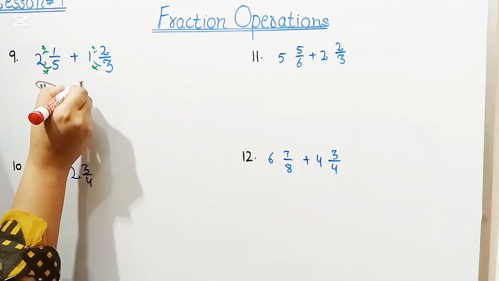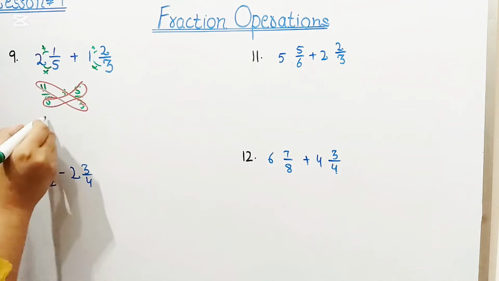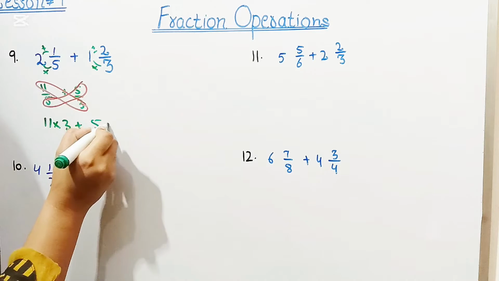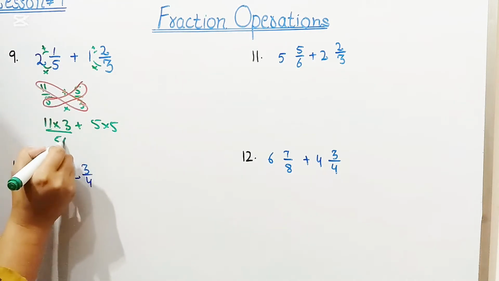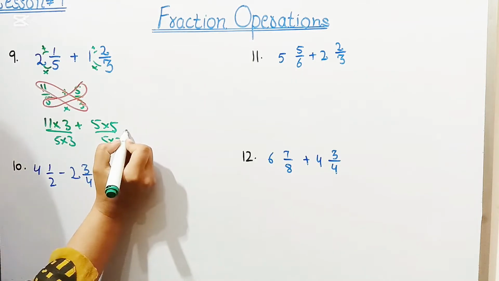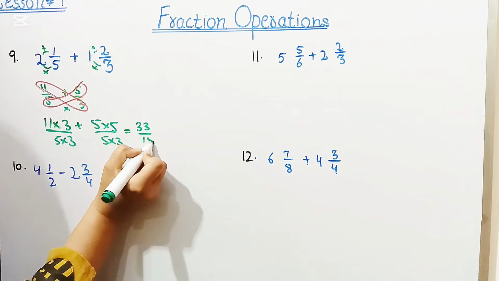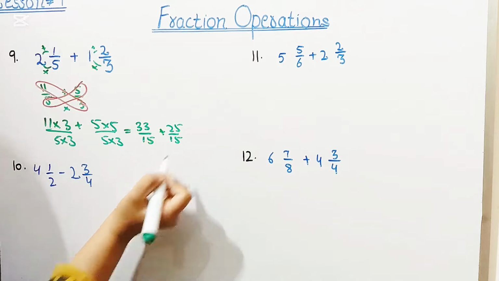We multiply 11 multiplied by 3 plus 5 multiplied by 5, divided by both denominators multiplied together, 5 multiplied by 3. Now 33 over 15 plus 25 over 15.